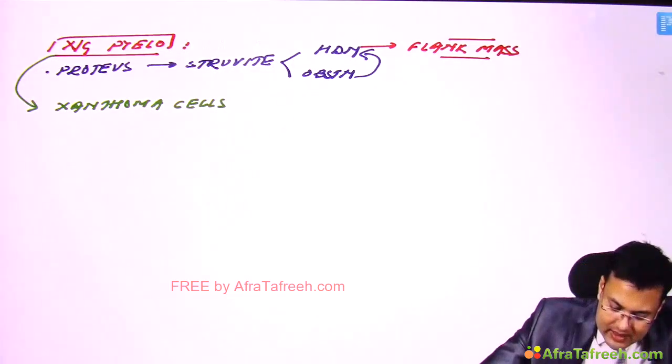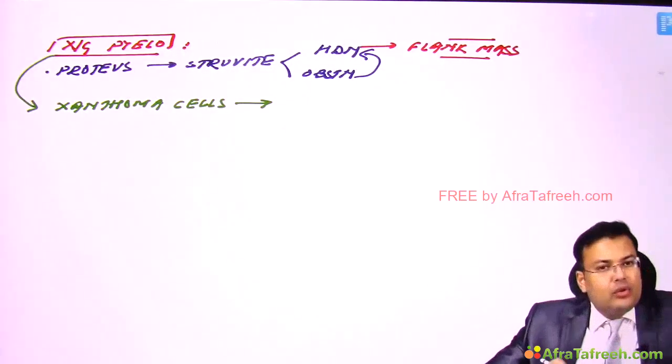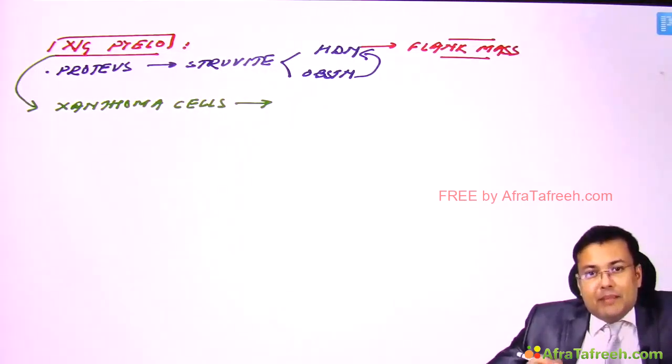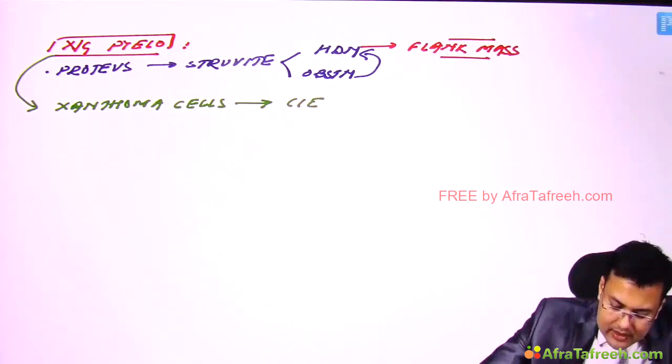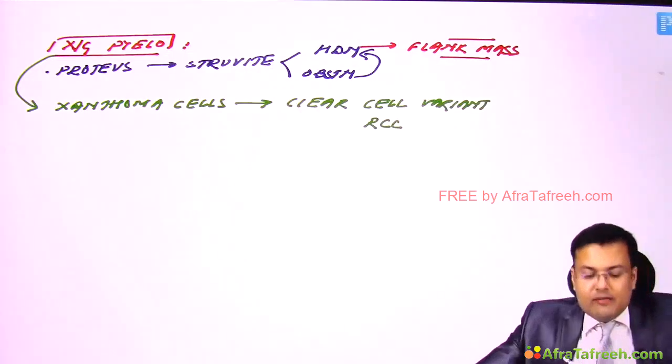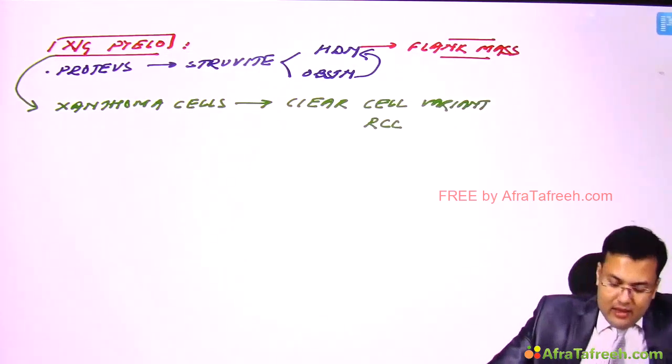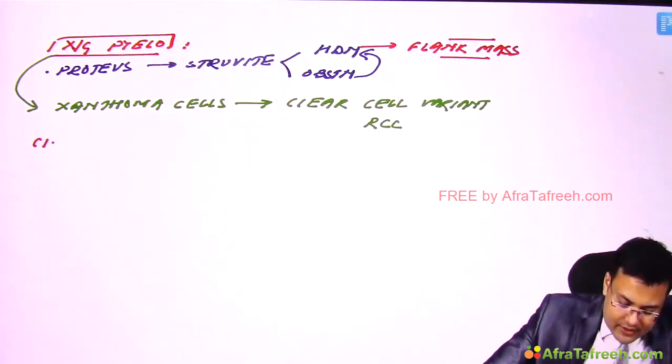So a question is asked that this xanthogranulomatous pyelonephritis mimics which condition? It mimics clear cell variant of RCC. So which variant? Clear cell variant of RCC. Clear? See, what are the clinical features we discussed?